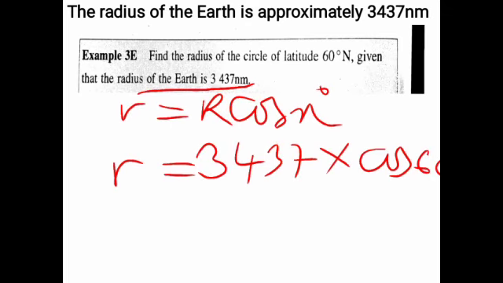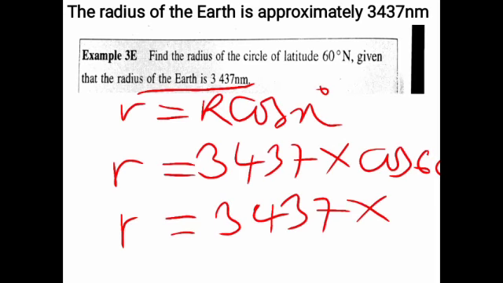Okay, so we're going to say radius is equal to, so the radius of the Earth has been given in nautical miles as 3,437. So we are going to say 3,437 times cos 60 degrees, which is equivalent to half. So we are going to say radius is equal to, what is 3,437 times half?